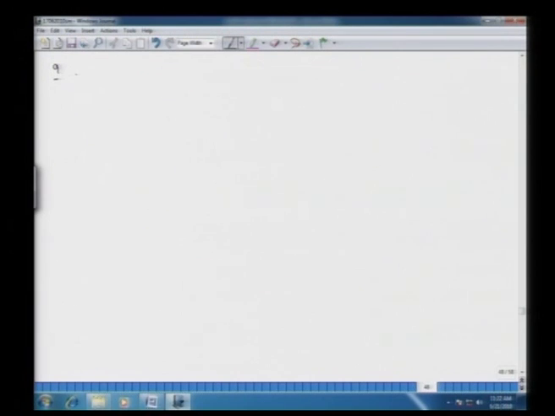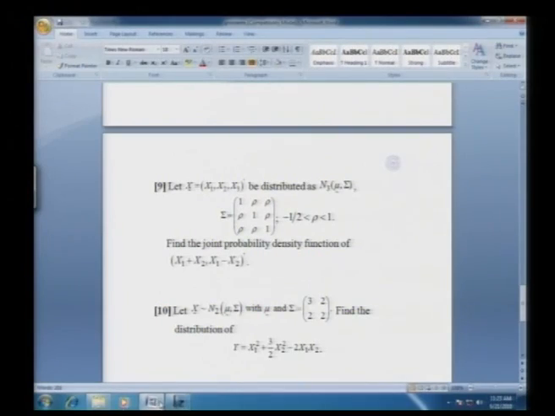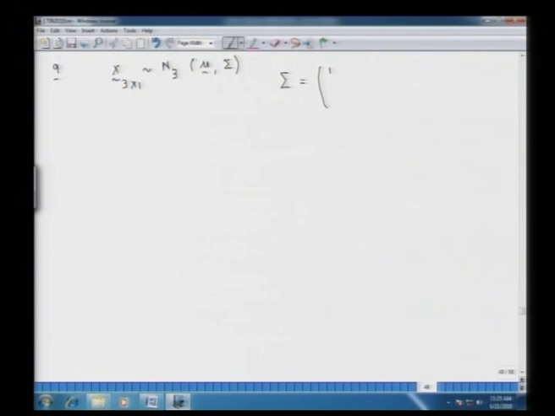So this is problem number 9. We have x, the 3-dimensional vector, having a multivariate normal distribution with the mean vector as mu and a covariance matrix as sigma, where sigma has 1 on the diagonal, and rho on all the off diagonals.